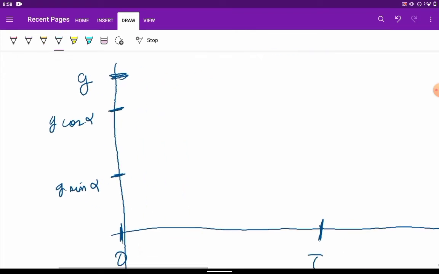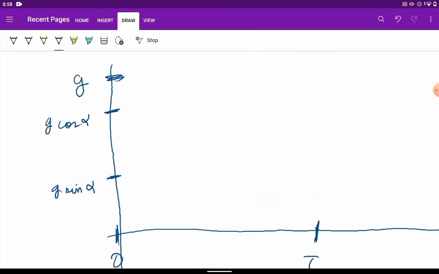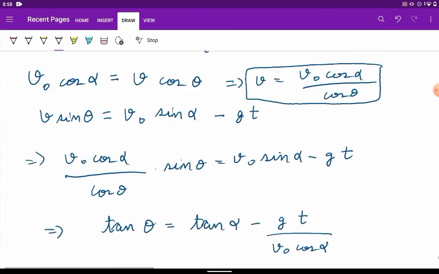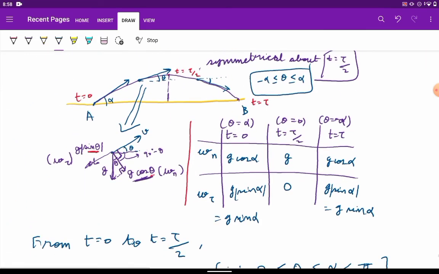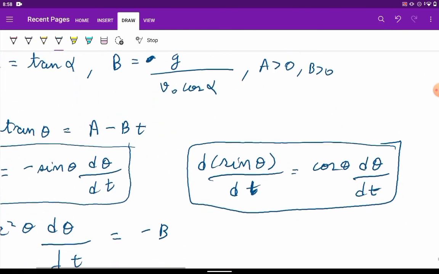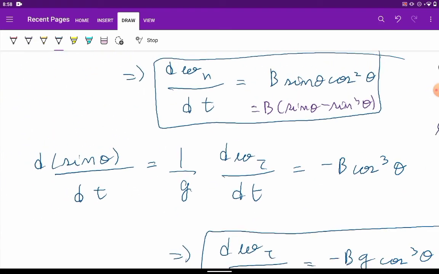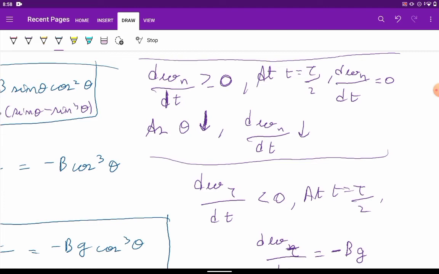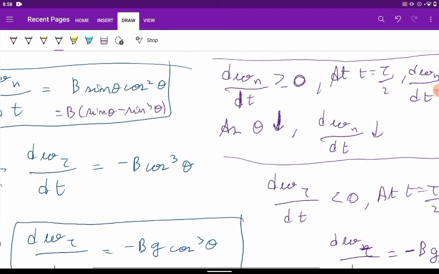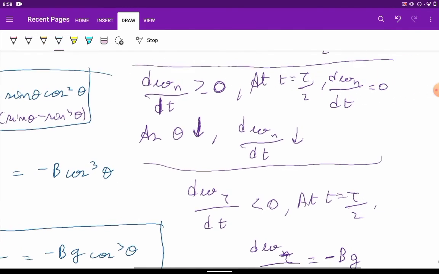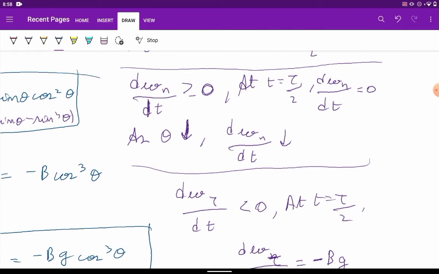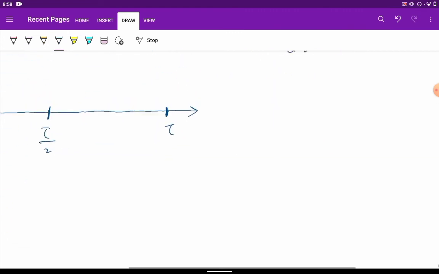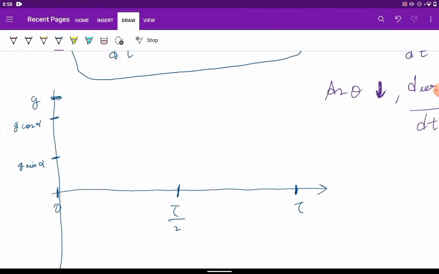Now from 0 to tau by 2, as I already said, the value of wn varies from g cos alpha to g, fine, and we see the differentiation dwn by dt. At t equal to tau by 2 it is 0, at t equal to 0 it is some positive value, right? So we can say this is some sort of a maximum at t equal to tau by 2.